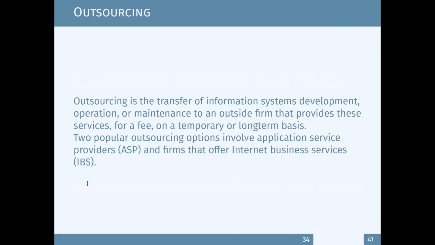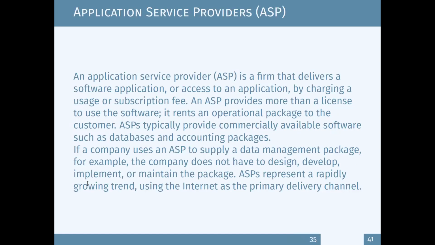There are two types of service providers: application service providers and internet business services. Application service providers deliver the software application, or you can access an application by paying a user subscription fee. This is the most common one.